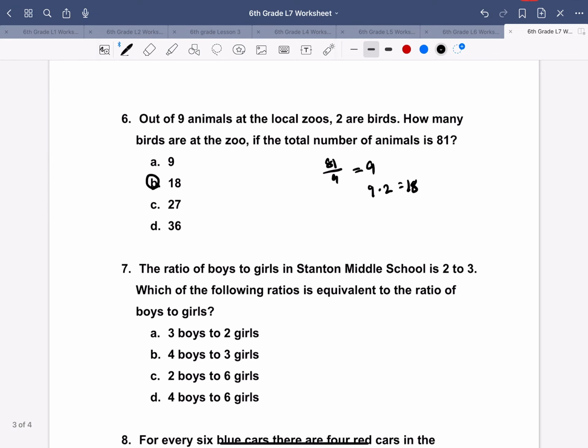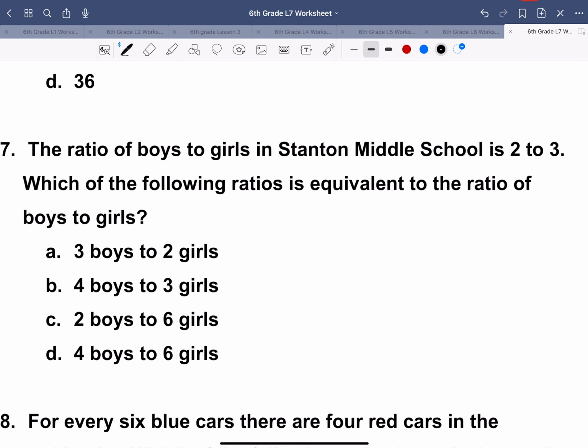Alright, so the ratio of boys to girls in Stanton Middle School is 2 to 3. Which of the following ratios is equivalent to the ratio of boys to girls?